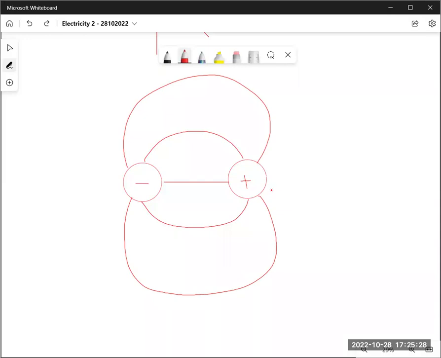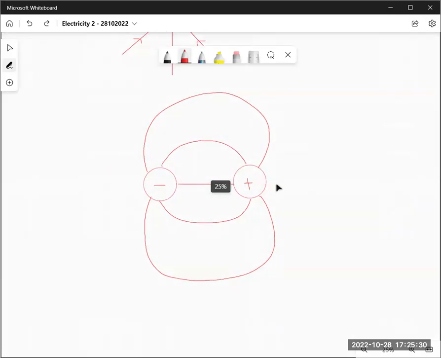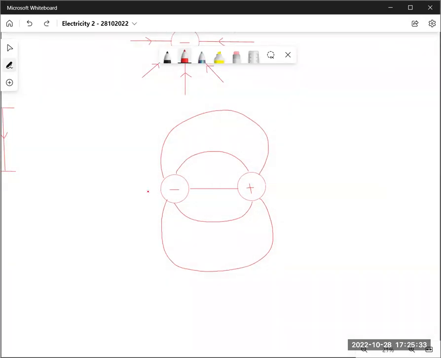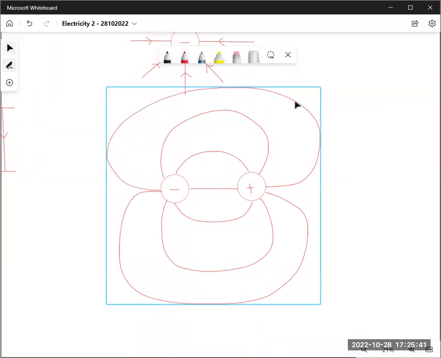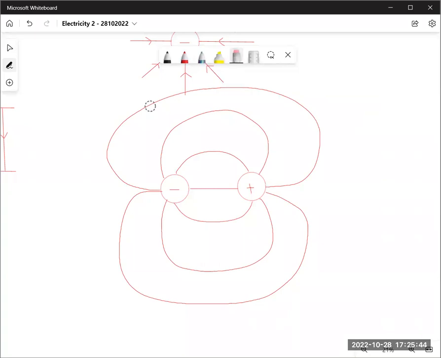Another line which, second, that's about it. Let's make it a bit small. We don't have to make it this big.